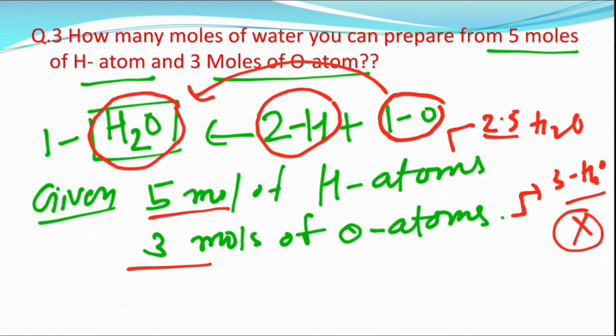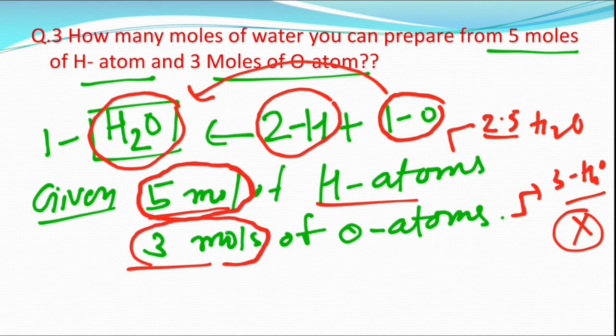Why? Because we will not have a sufficient amount of hydrogen atoms if we want to consume the whole 3 moles of oxygen. So here the amount of hydrogen will decide the amount of water molecules.